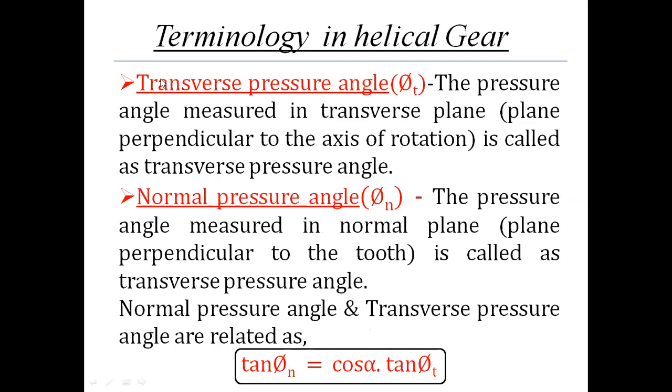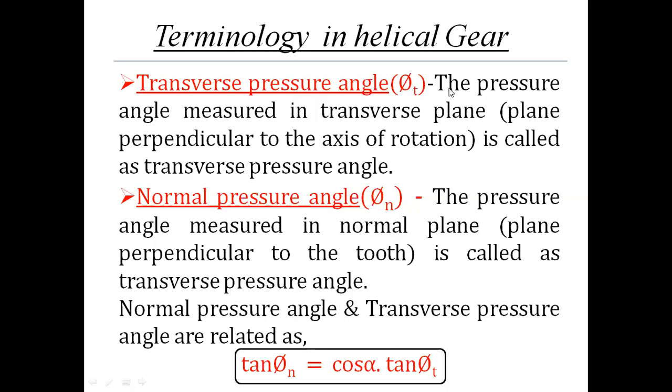Now come to the next definition, transverse pressure angle. Already in spur gear we denoted the notation for pressure angle as phi. So the pressure angle along the transverse plane is phi t.